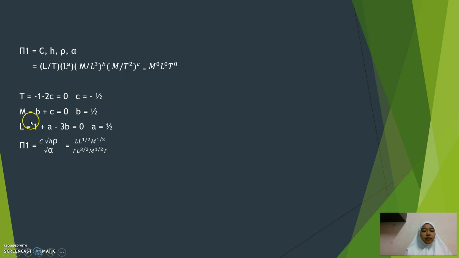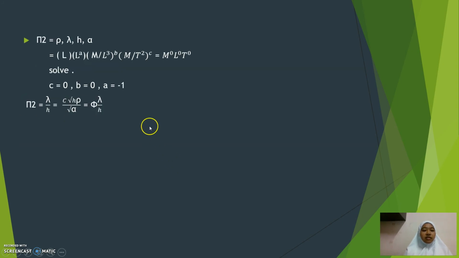M: b plus c equals 0, so b becomes half. L: 1 plus a minus 3b equals 0, so a equals half. So for pi 1, we'll insert everything based on what you get for a, b, c. So we'll get something like this.